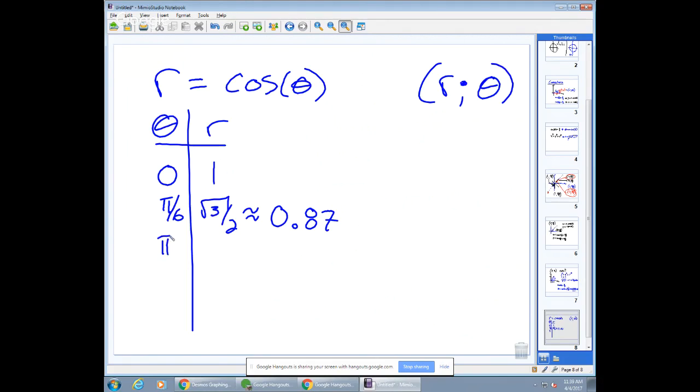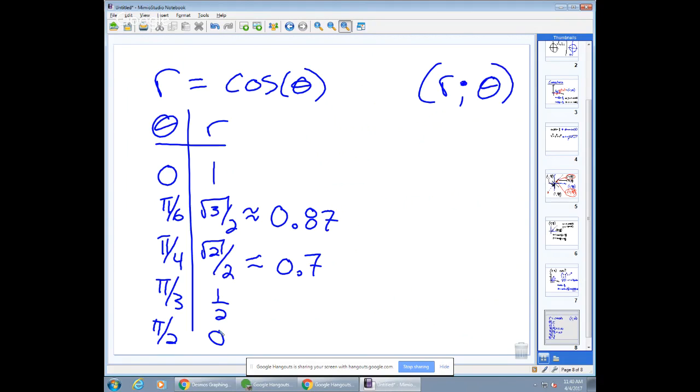All right, so pi over 4, square root of 2 over 2, which I think is 0.7-ish. Pi over 3 is popular next. Pretty sure that's 1/2 or 0.5. Pi over 2, 0.